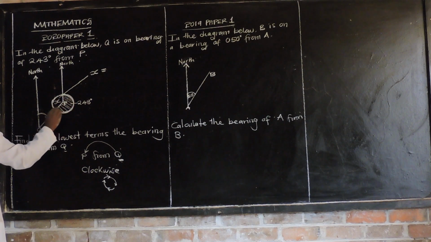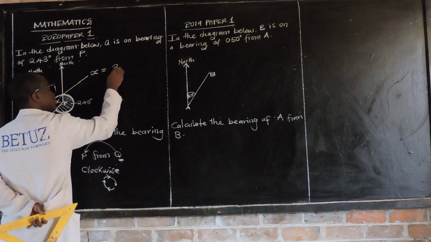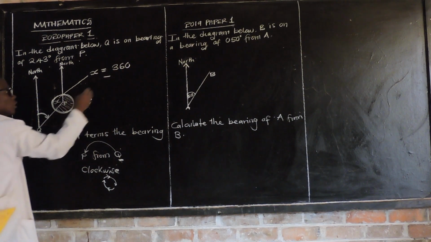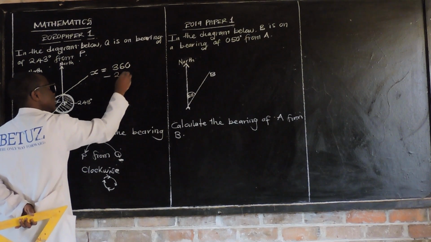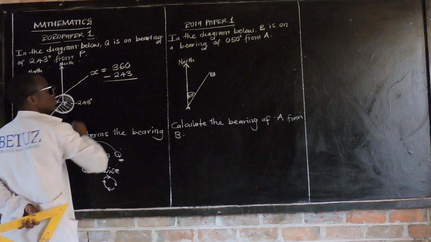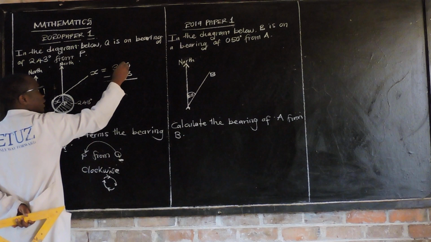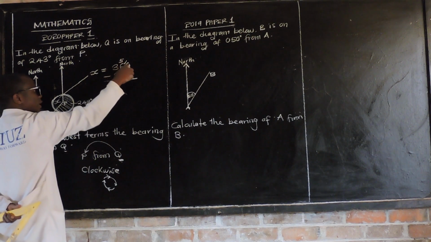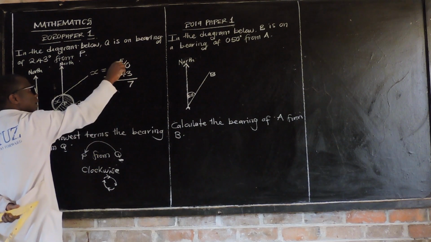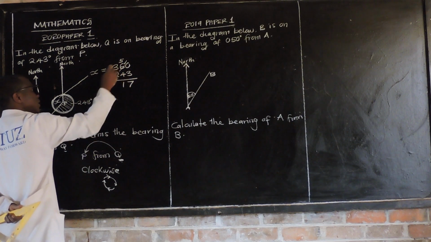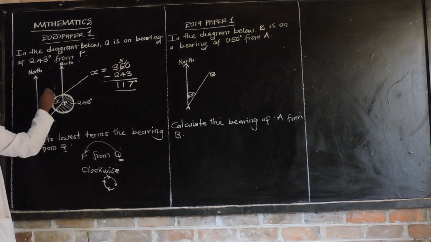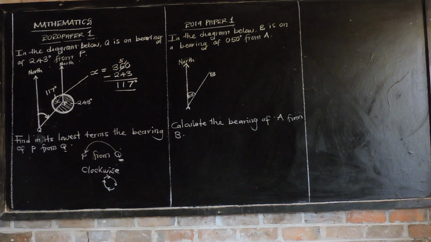So x is equal to 360 minus the given angle, 243. Subtracting: 0 minus 3, borrow, 10 minus 3 gives 7; 5 minus 4 gives 1; 3 minus 2 gives 1. So this angle is 117 degrees.